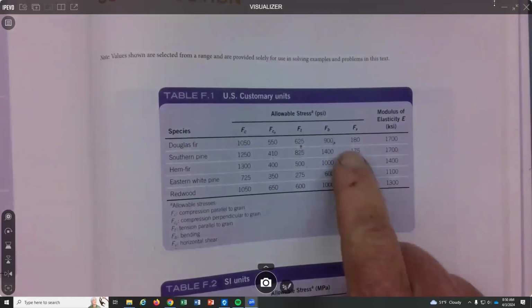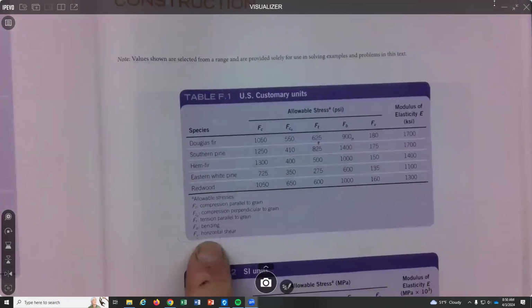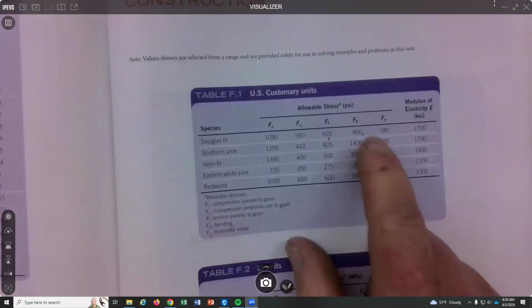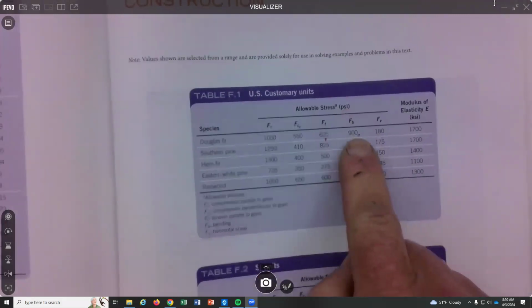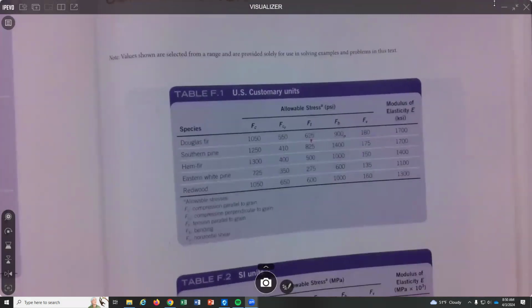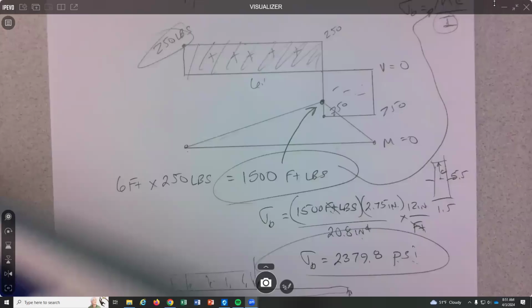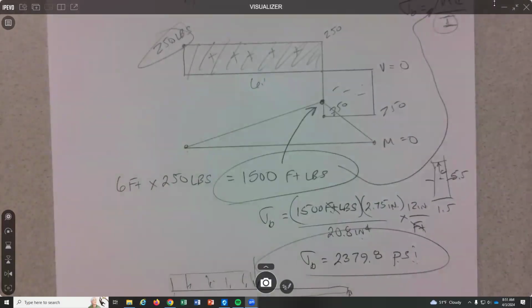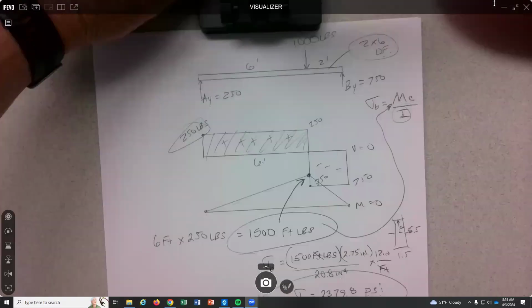And we have an FB that would be bending in PSI, and it is 900. So yeah, how's our 2 by 6 doing? No, not good. So it's not pretty and not going to work, and that's exactly what we want to learn.